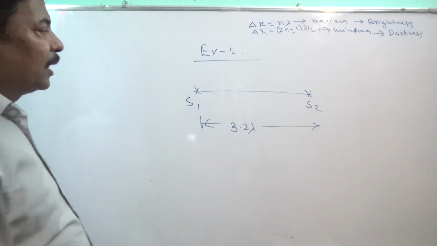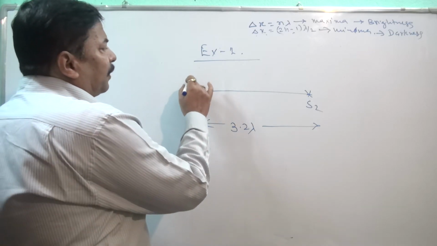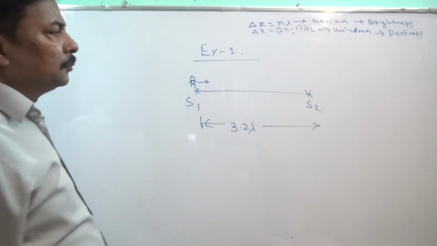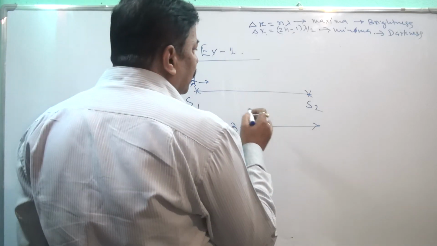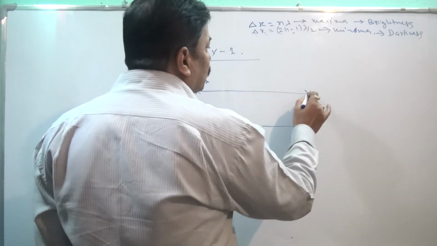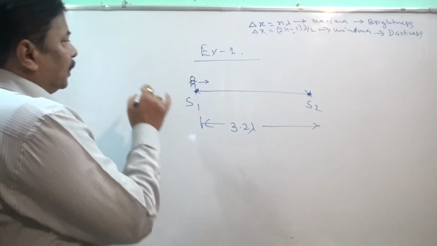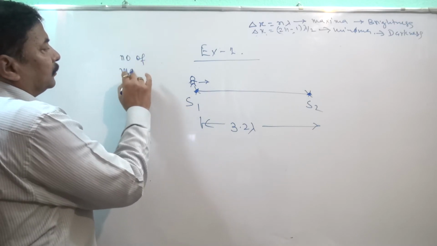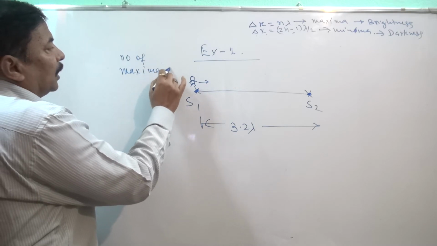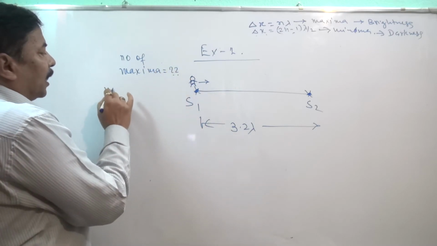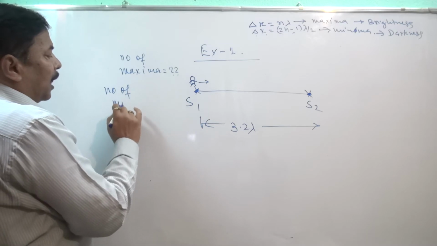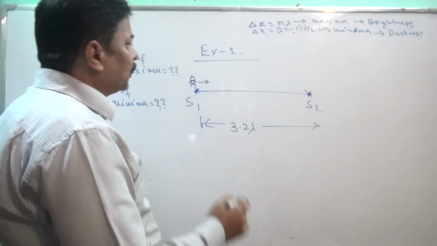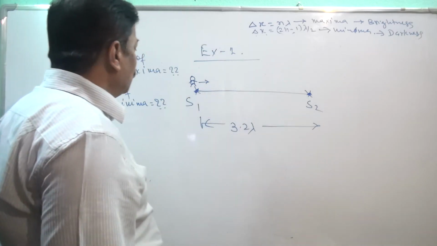These are coherent sources, and one observer is moving from S1 to S2, and you have to find the number of maxima and the number of minima when the observer is moving from S1 to S2.